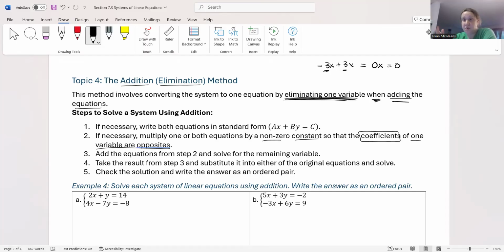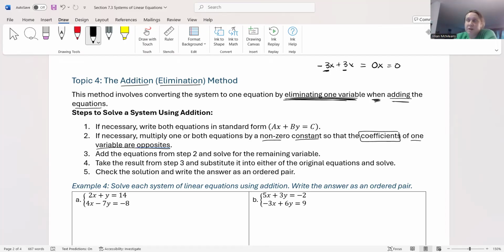So you add the x terms, the y terms, and the constants, and one of those two variables will cancel out, giving you an equation in one variable that you can then solve. You solve for whatever is left over. That gives you one of the two coordinates of your ordered pair. Plug that value back into either original equation to get the second coordinate. You've got your ordered pair solution, and you can then check your answer.